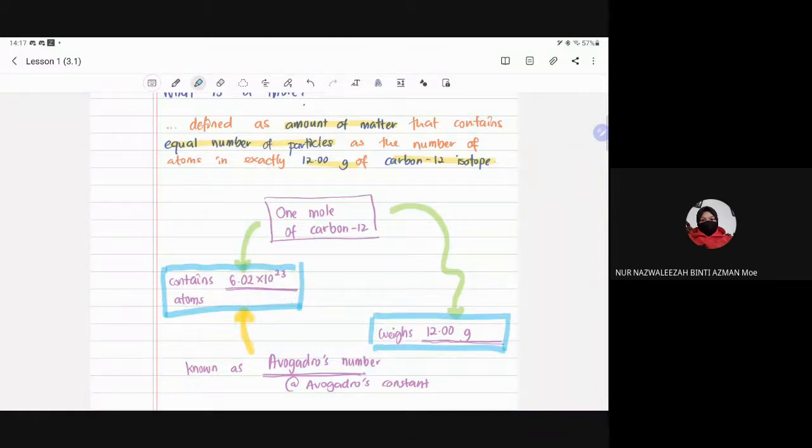So let's say kalau saya cakap saya ada 1 mole of carbon, this is the mass kan. 1 mole of silicon. 1 mole of silicon will always contain the number of particle, which is 6.02 times 10 to the power of 23, okay, which is the number of particle in 12 grams of carbon. Okay, so this is just for carbon lah.